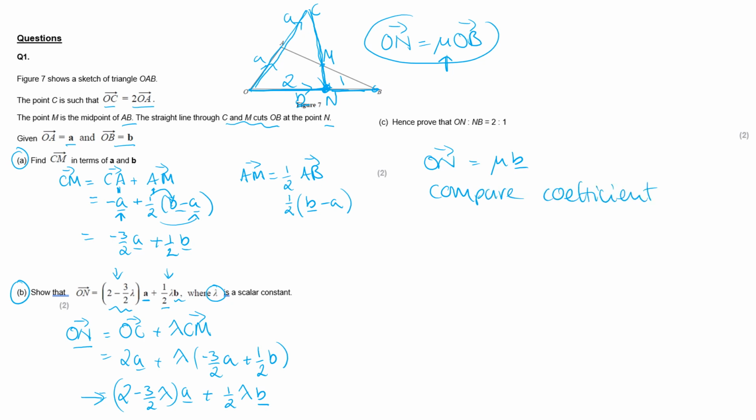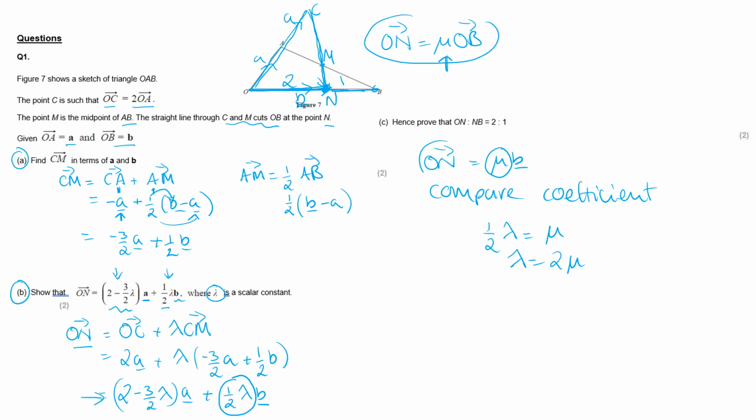So those journeys are both equivalent. So here the amount of b and the amount of b here must be equal. Half lambda equals mu. So lambda is worth 2 mu. Now also the journey O to N just goes directly along that base there. There's no a involved.